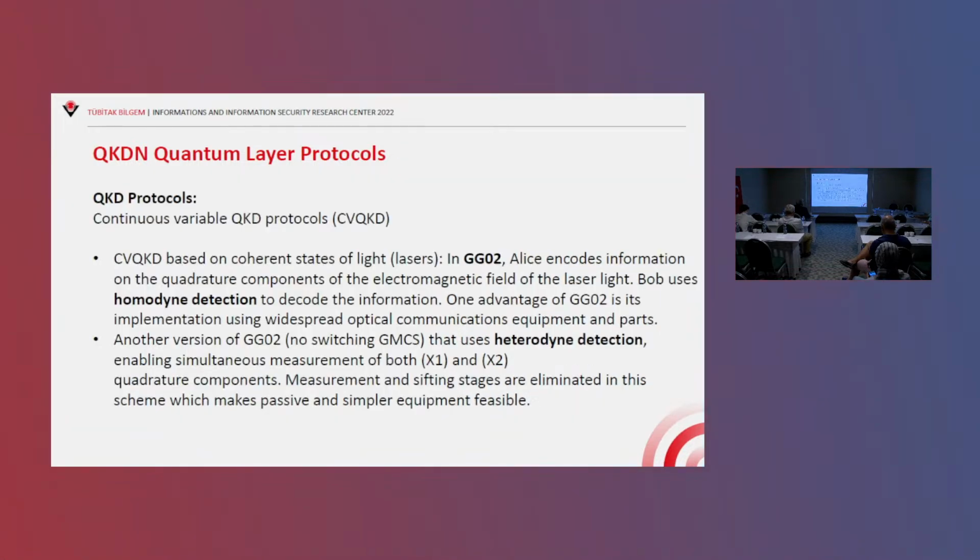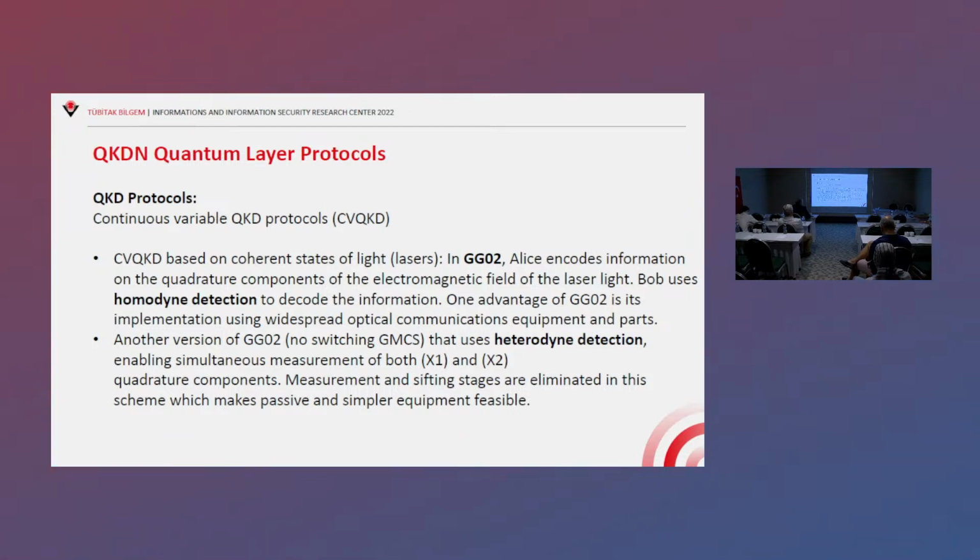As we said, in continuous variable quantum key distribution, as opposed to discrete variable quantum key distribution, one would use lasers instead of single photons, and also homodyne and heterodyne detectors.